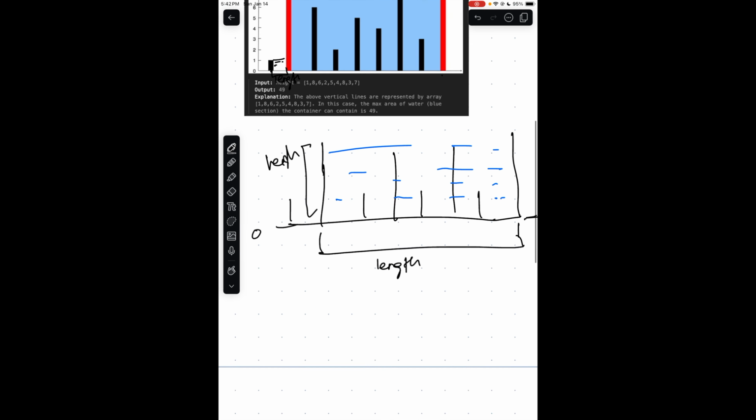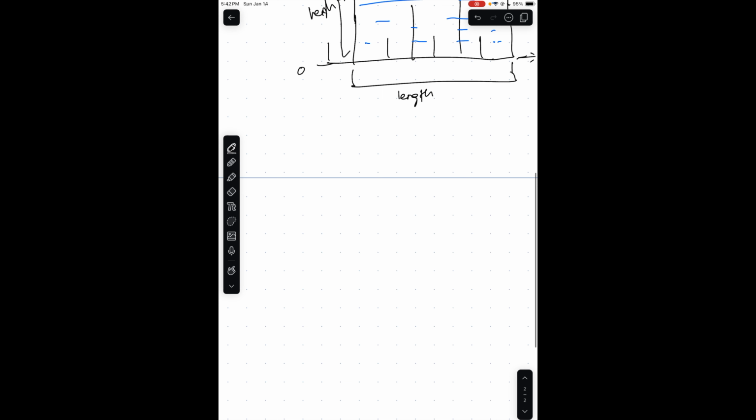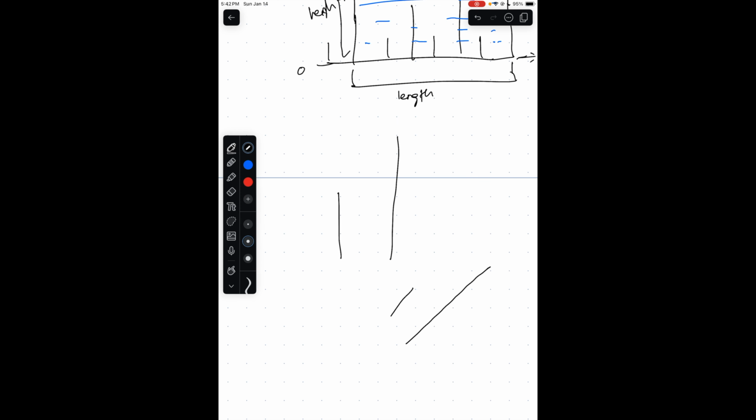Since we cannot slant it, what slanting means is, if these are the two lines, you cannot slant in a way that the water will be stored like this. You cannot do that. You can only fill up this much water.